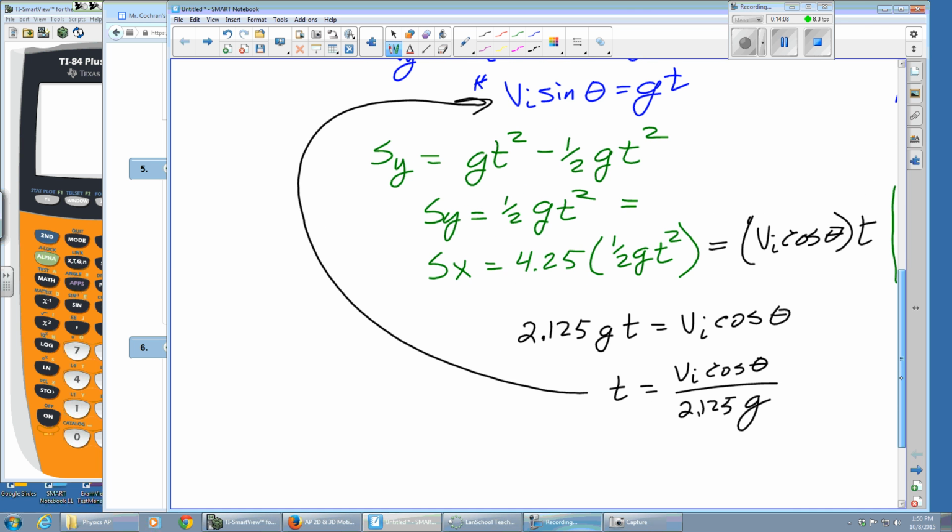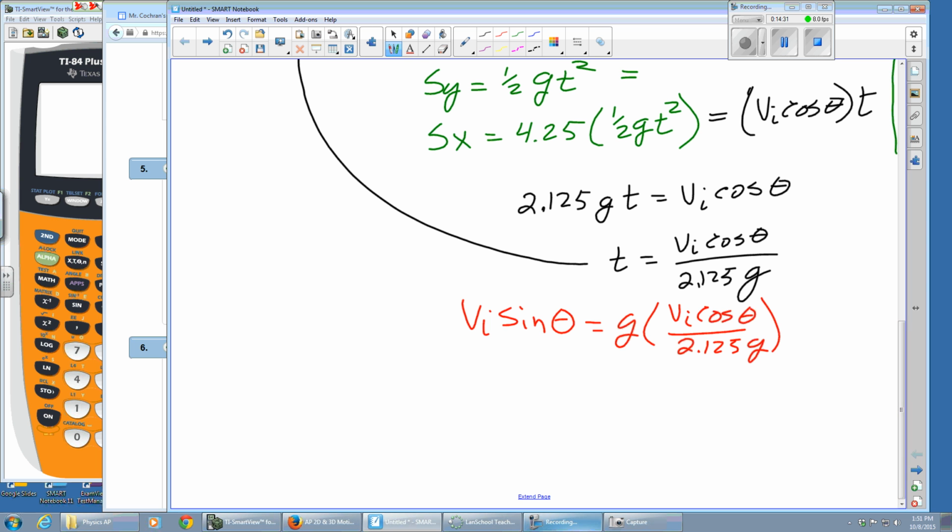And if we do that, we get VI sine theta equals g times VI cosine theta over 2.125 g. Oh, this is going to be pretty.